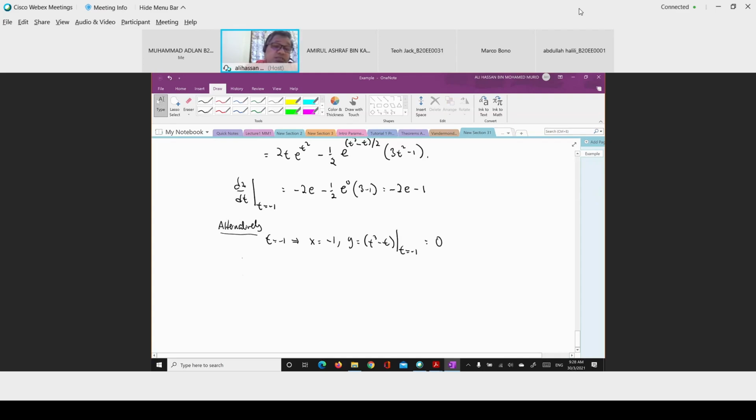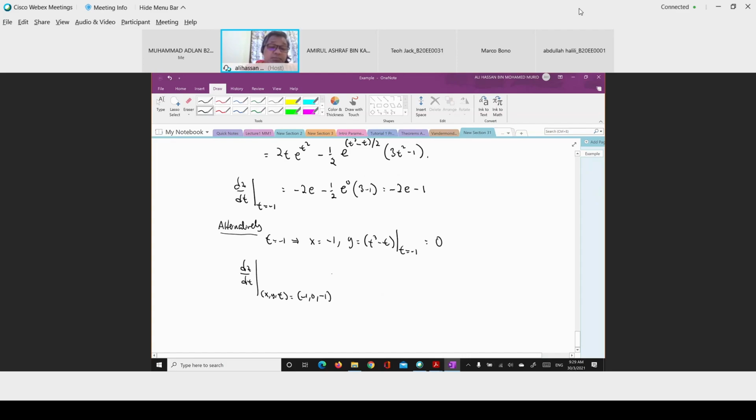So we can also calculate dz/dt at the point x, y, t equal to -1, 0, -1.